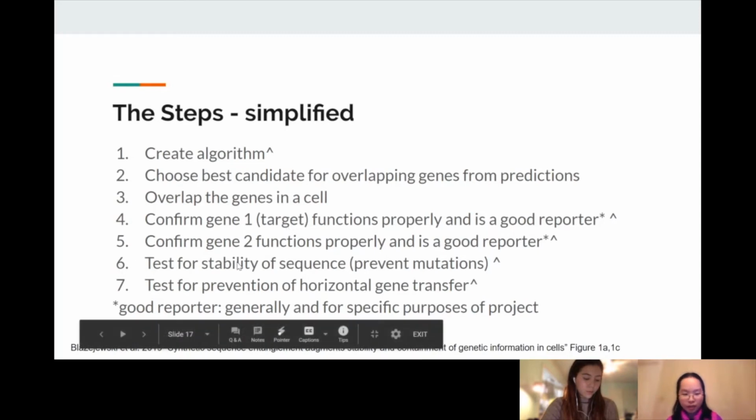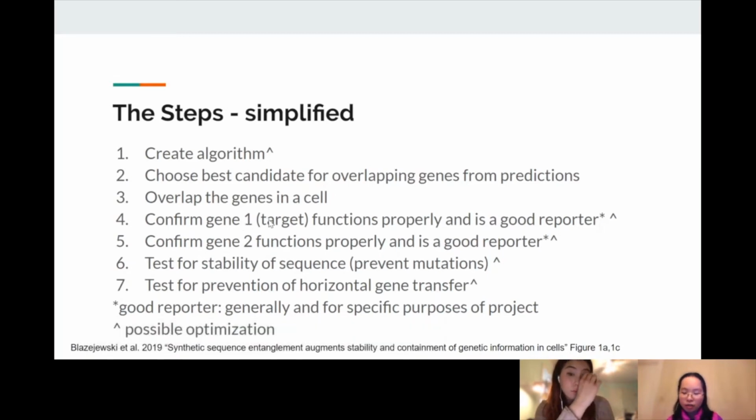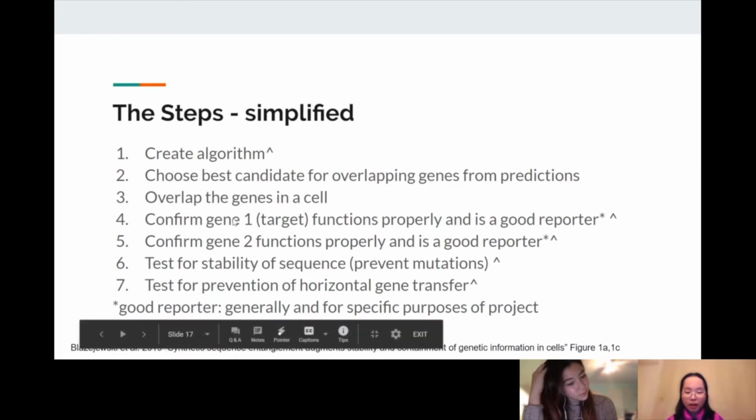Like for testing stability of sequence, preventing mutations, normally your target gene does mutate at a detectable level that is significant. Because if you find a gene that just doesn't really mutate at all, then it's really hard to tell whether your algorithm is working and you're actually preventing the mutations, or that gene is just naturally immune to mutations.